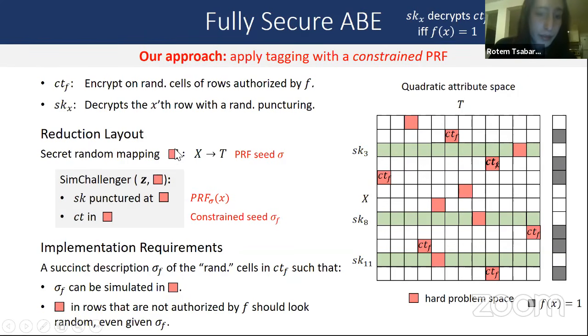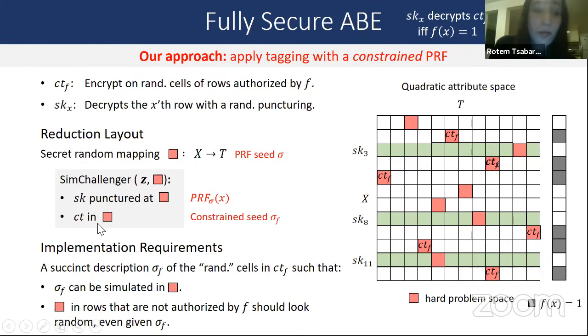We represent this punctured space by a PRF seed. And then every time we want to puncture a secret key, we use the evaluation of the PRF on the given attribute. So x would be the row, and in order to determine the corresponding column, we compute the PRF using the secret seed.